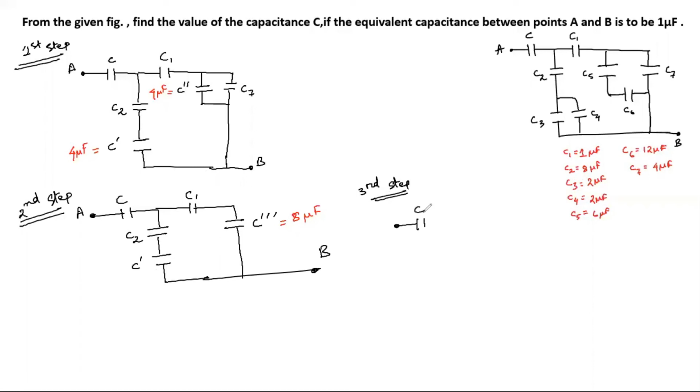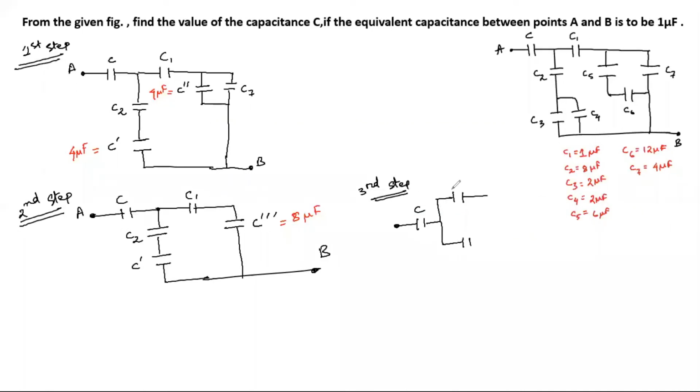So this is C, and this is getting divided into 2 branches. Let's say that you are having another capacitor here. I'm not going to use any more symbols there. I'm just going to write the value. Okay, so that will be simpler and easier for us.